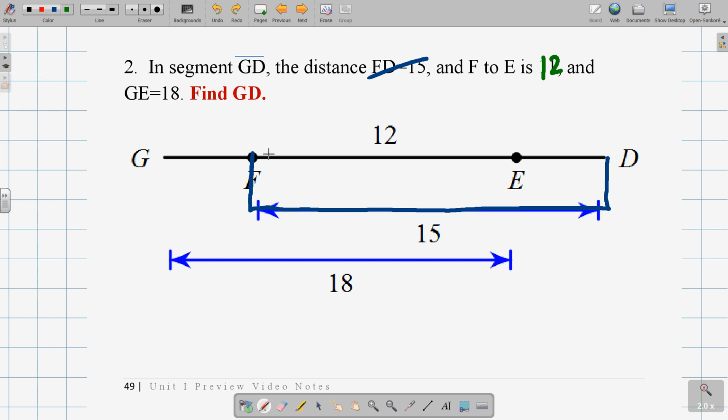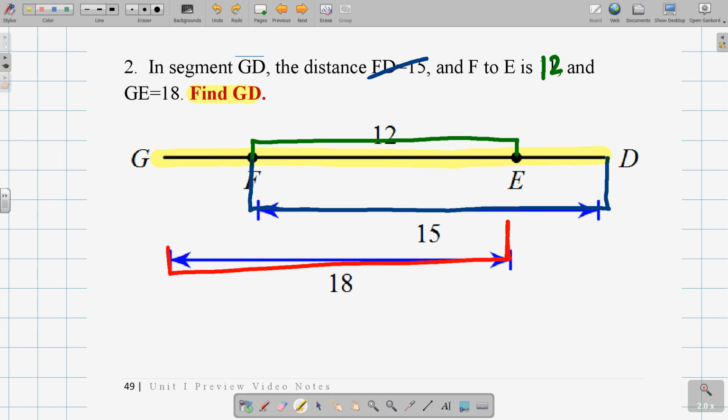F to E is 12. G to E, from here to here, is 18. Your goal is to find G all the way to D. Take 30 seconds. Find that whole line.